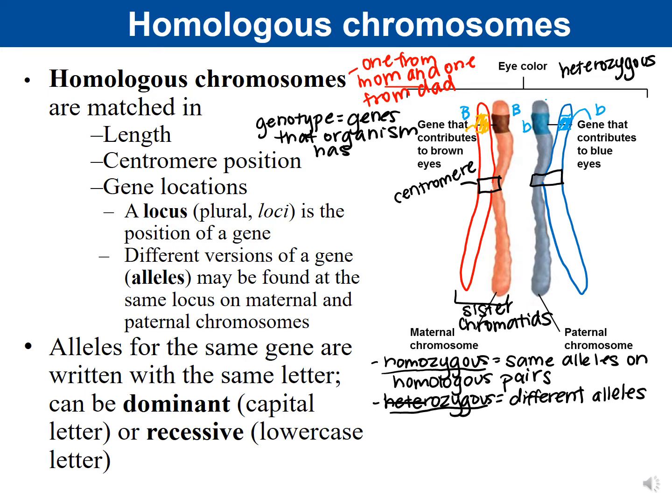So in this case, this genotype is going to be big B, little b, because one of the chromosomes has a big B, the other homologous pair has a little b. So that is their genotype. That's what genes they have.